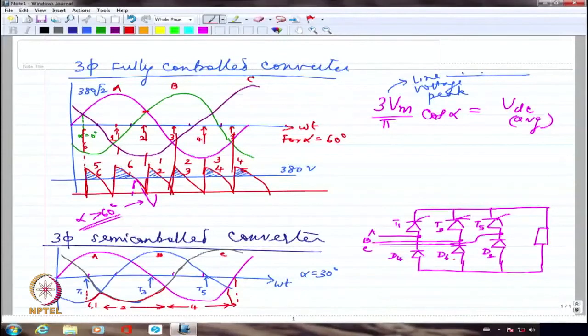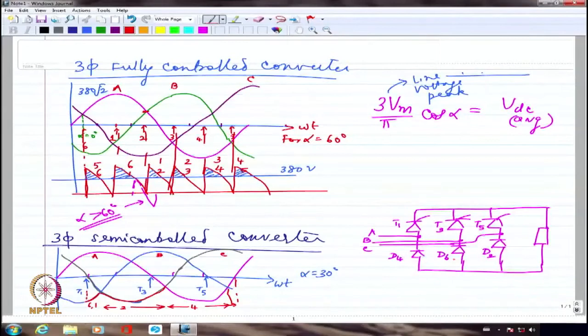So no matter what, 2 will try to join hands with whatever is the other device that is conducting. Please note that 6 and 1 conduct only for 30 degrees, not more than 30 degrees. So this 30-degree conduction portion will correspond to 6 and 1.